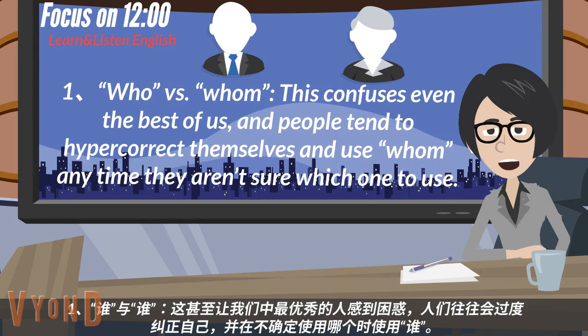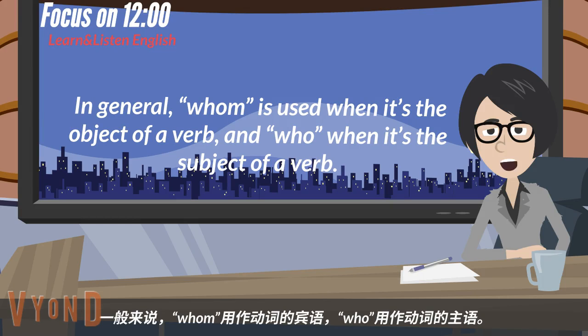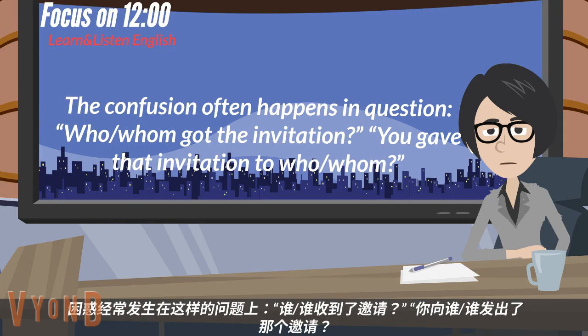1. Who versus whom. This confuses even the best of us, and people tend to hypercorrect themselves and use whom anytime they aren't sure which one to use. In general, whom is used when it's the object of a verb, and who when it's the subject of a verb. The confusion often happens in questions.